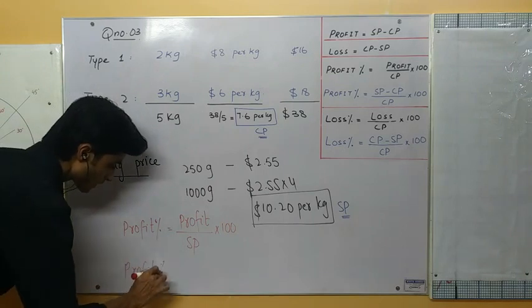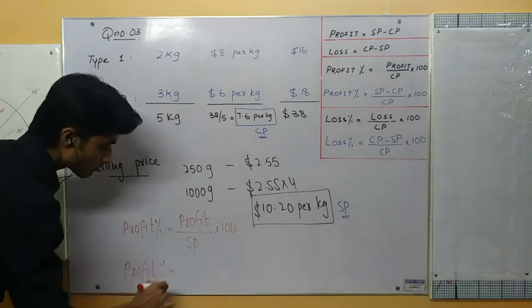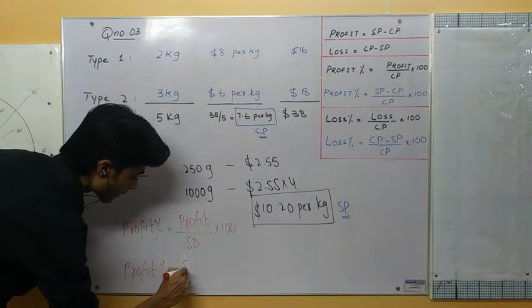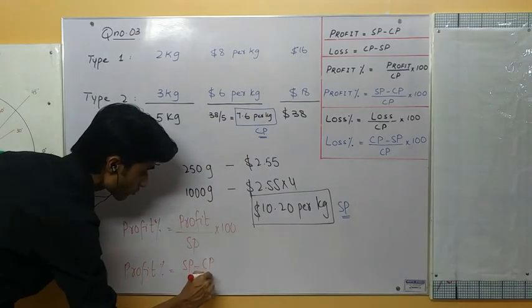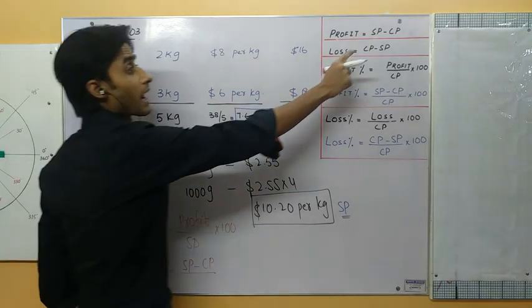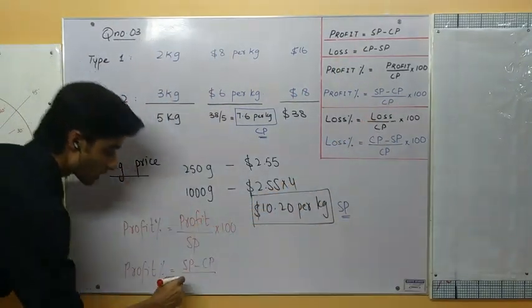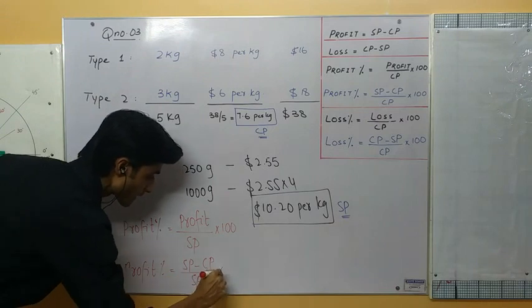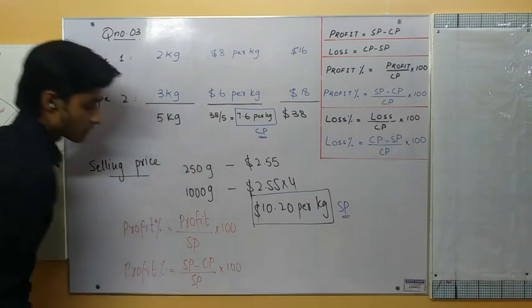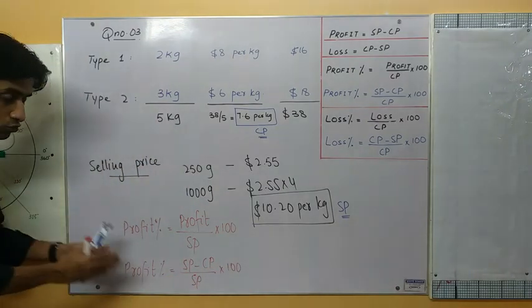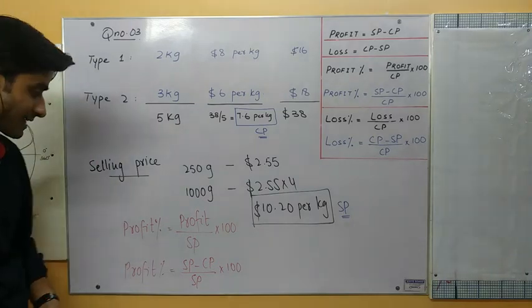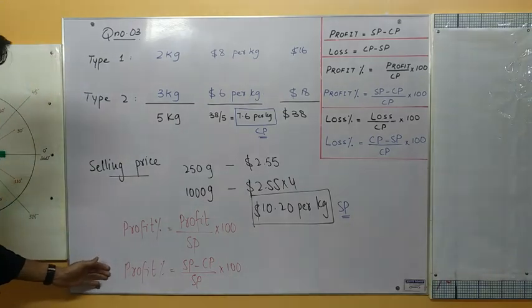Profit percentage is equal to, I can replace profit with selling price minus cost price, over selling price. I am not going to use cost price in the denominator because the question has clearly mentioned profit as a percentage of selling price. So these could be the two possible formulae in this case. You can either use this one or you can use this one.